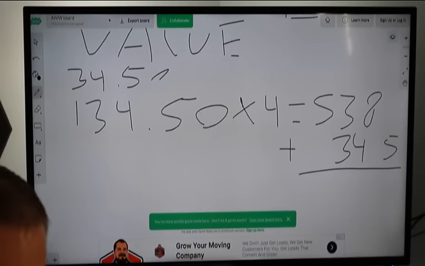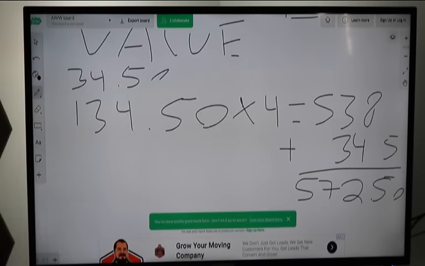The margin on that is going to be 572.5. That's your lifetime margin on that particular customer, or over 5 years, not lifetime, is 572.50. And you just got to think of this in exponential terms.